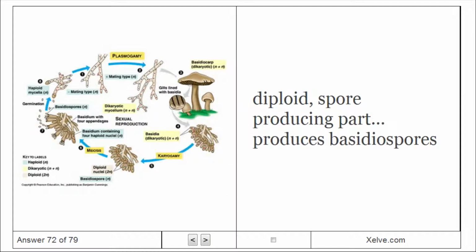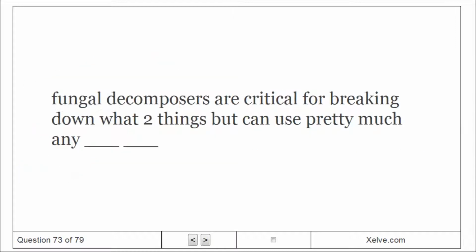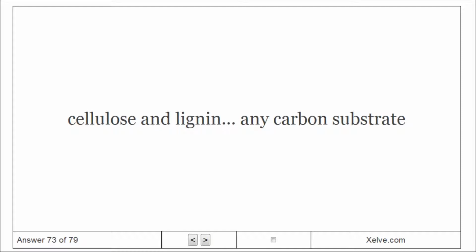Diploid, spore-producing part, produces basidiospores. Cellulose and lignin, any carbon substrate.